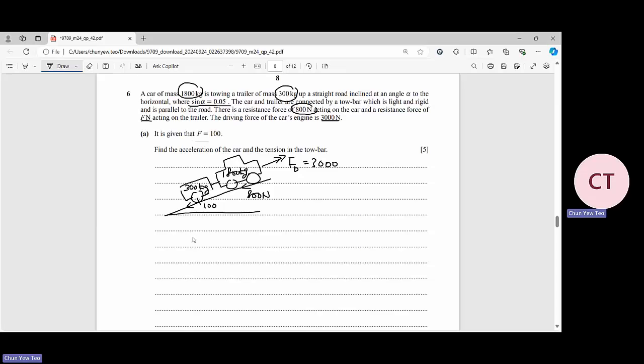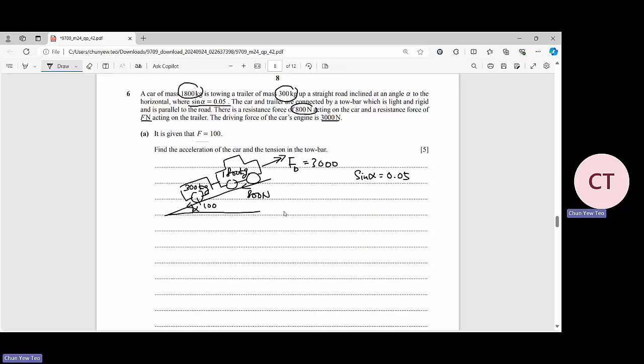Okay, so what you need to do over here, we have an angle alpha, where they give us that sine alpha is 0.05. So we can just focus on either the car or the trailer separately. Okay, so we can consider the car and the trailer separately.